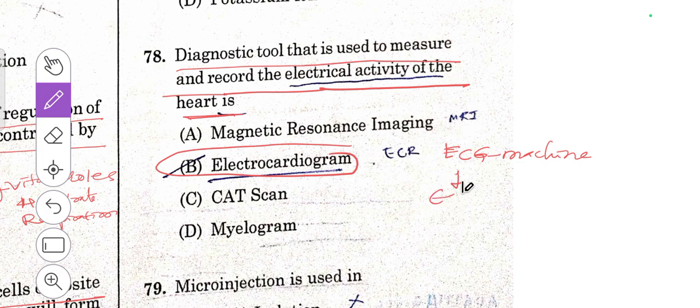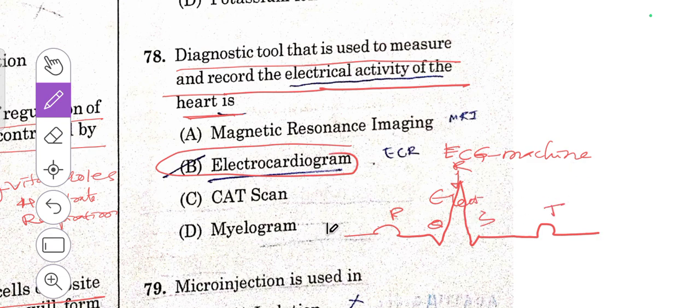Then ECG, electrocardiogram, it is a tool where on the graph sheet you will get different waves, that is P, Q, R, S, T. So through this you will get these kinds of waves from which we can easily identify the regulation or the activity of the heart. So B is the right answer.